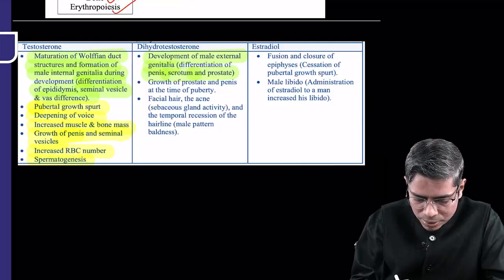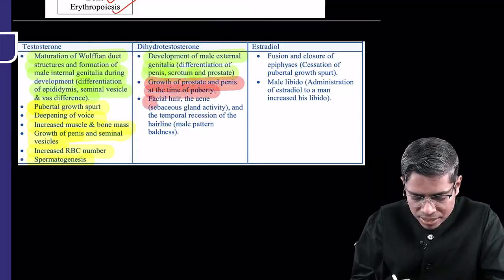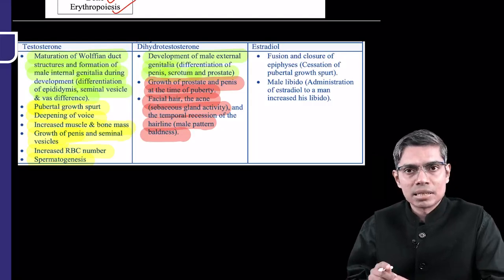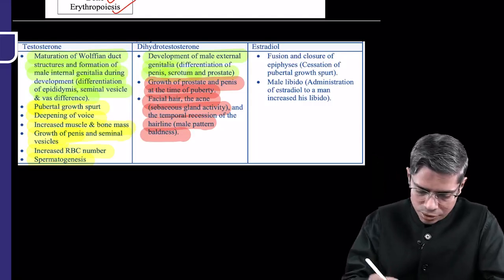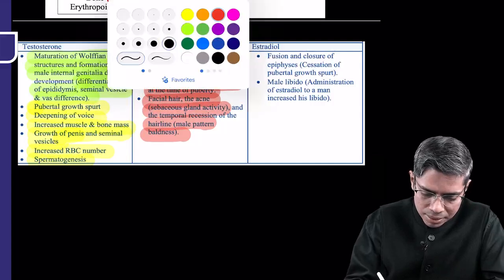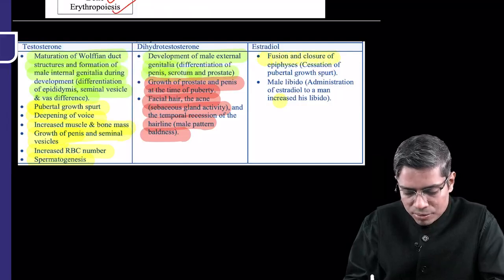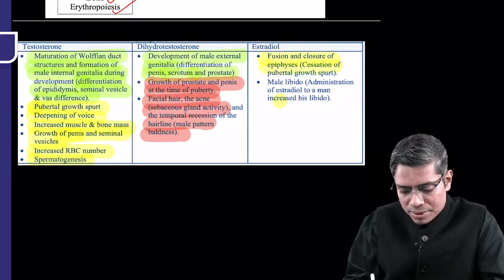It is responsible for growth of the prostate and penis at the time of puberty. It is responsible for development of facial hair and acne. It increases sebaceous gland activity, and male pattern baldness is also under the control of dihydrotestosterone, right?